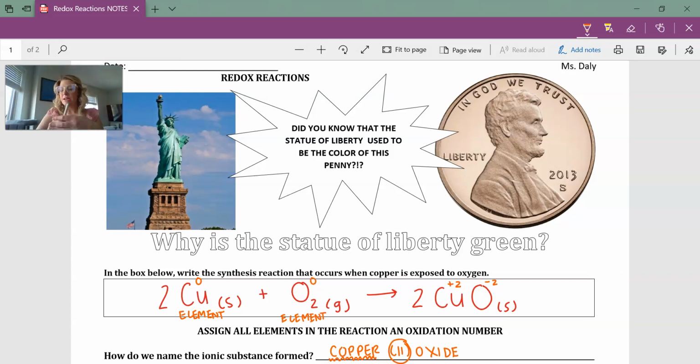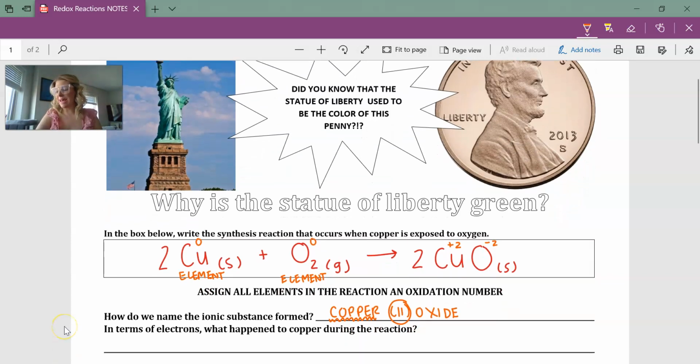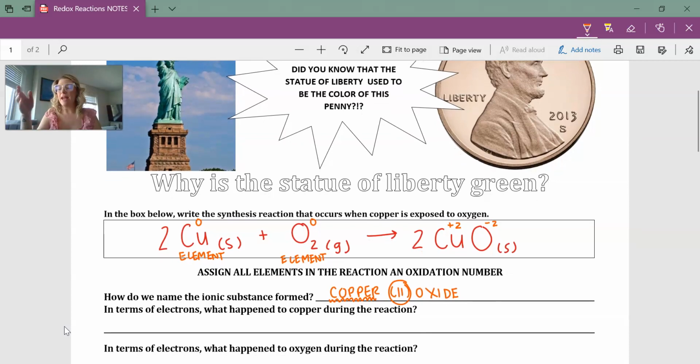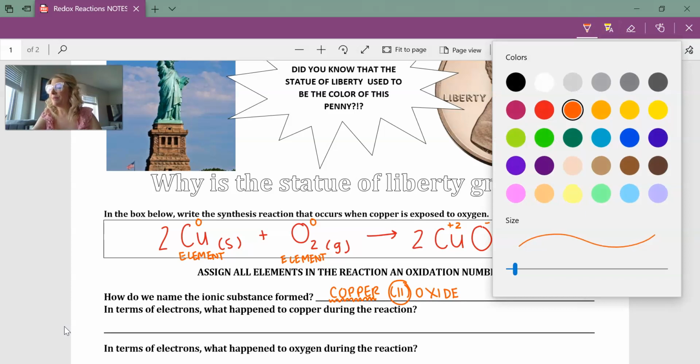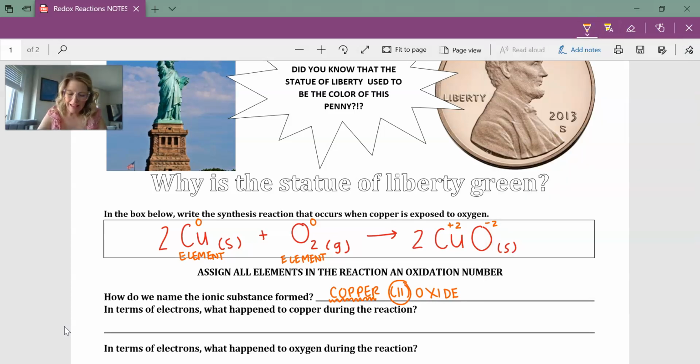Now, using these oxidation numbers, we can take a look at what happens from the copper element to the copper ion and the oxygen element to the oxide ion. What happens in terms of electrons? So in terms of electrons, what happens to copper in the reaction? Well, copper is going from a 0 to a +2, right?